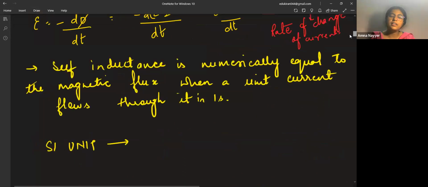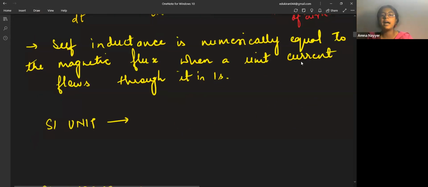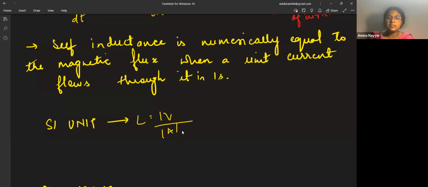Self-inductance is numerically equal to the magnetic flux when unit current flows through it in 1 second. So what will the SI unit be? This is 1 EMF, that is 1 volt, divided by di over dt, that is 1 ampere per 1 second. We do not write all this: volt-seconds per ampere.